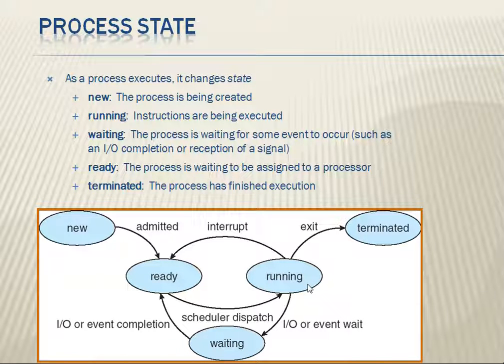Now, in its execution, when there occurs an interrupt or it waits for an I/O event, then the process switches from running state to waiting state. And when I/O is completed, it goes again into ready state from waiting state. Then when the processor resumes its execution, it switches from ready state to running state. And finally, when all of its execution is over, then it terminates.